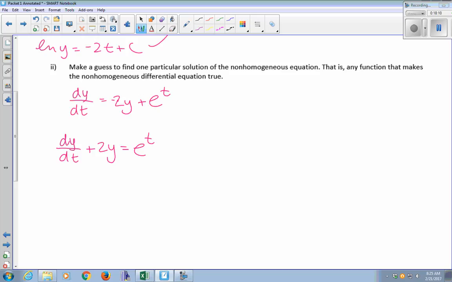So what kind of function and its derivative would be like terms? An exponential, yeah. So I'm going to guess that my y particular has the form alpha e to the t. It's some constant multiple of e to the t. And then I'm going to use that guess to try to figure out what the alpha is to make this work.